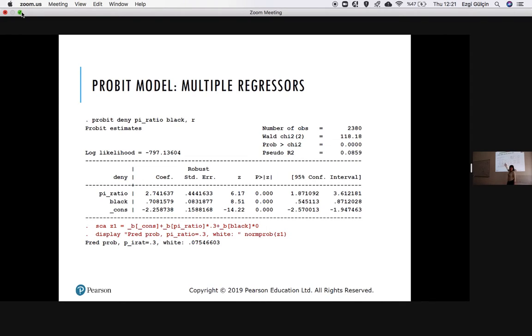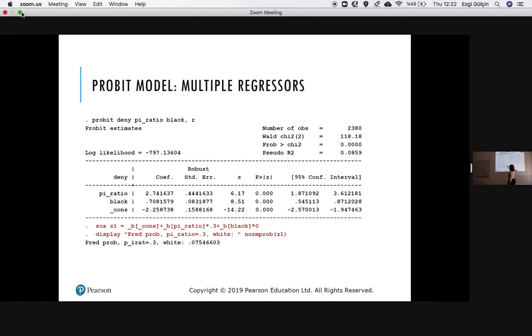So this is another regression, but we just would write down this, and then we generate another scalar which is beta 0 plus beta 1 times 0.4. Okay, and then we tell Stata to display this as the predicted probability for the payment to income ratio equal to 0.4, and to evaluate the normal cumulative density function at this value.